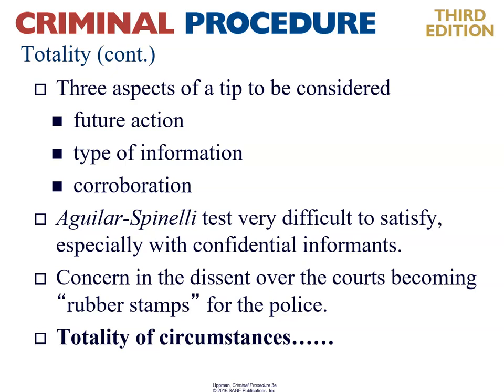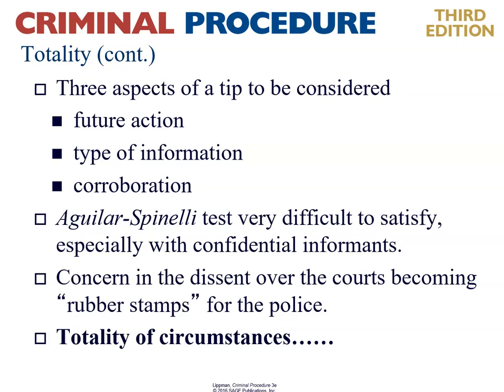The two prongs are best thought of as relevant considerations in evaluating whether a tip satisfies probable cause. In other words, looking at the totality of the circumstances, the court concluded that there was probable cause to issue a warrant, and this is in that case prior to the Aguilar-Spinelli case.